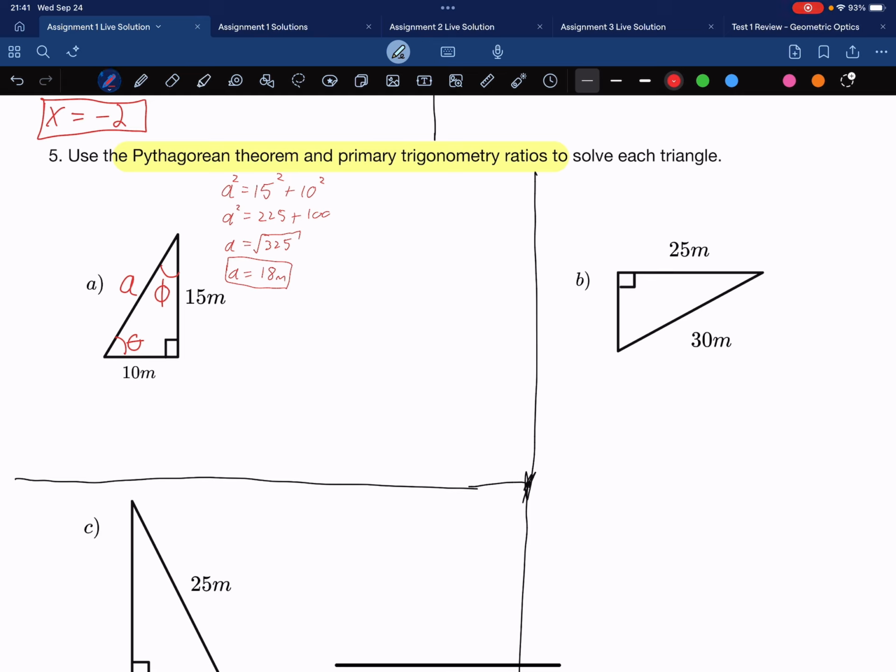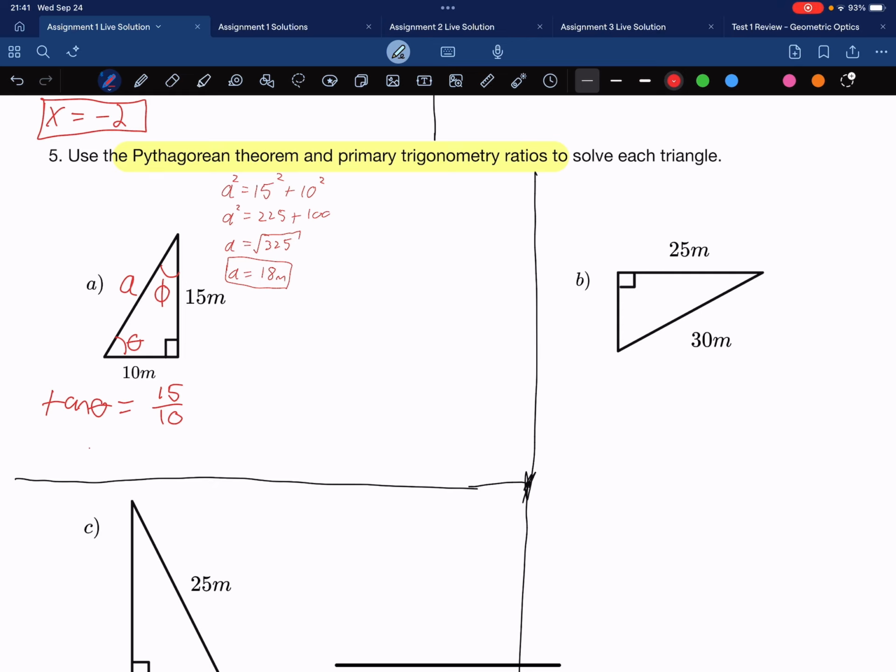Okay, so for theta, I'm going to say that the tangent of theta is equal to 15 over 10. Now I'm saying that because in SOHCAHTOA, the TOA part tells me that tangent is equal to the opposite over the adjacent. So the opposite side from theta is 15. Put that over 10, the adjacent side.